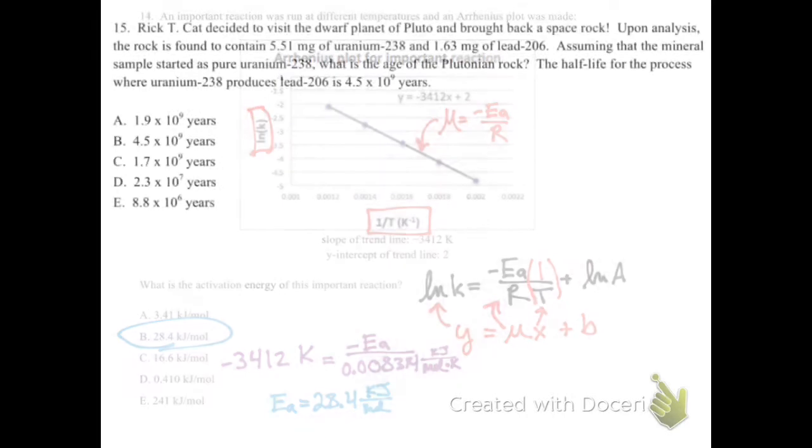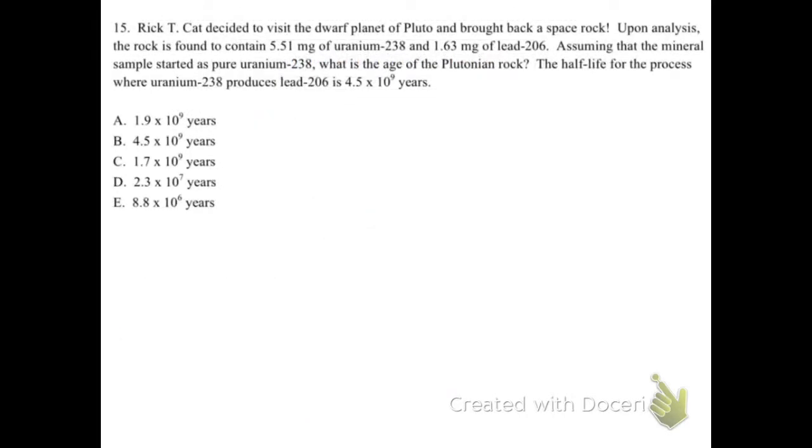Cool. Okay, in this problem, we are doing something called uranium-lead dating. Basically the way this works is it goes off the decay process that uranium-238 decays into lead-206. I really like to draw a little cartoon to help me with this type of problem. We're going to look at the rock that we have.